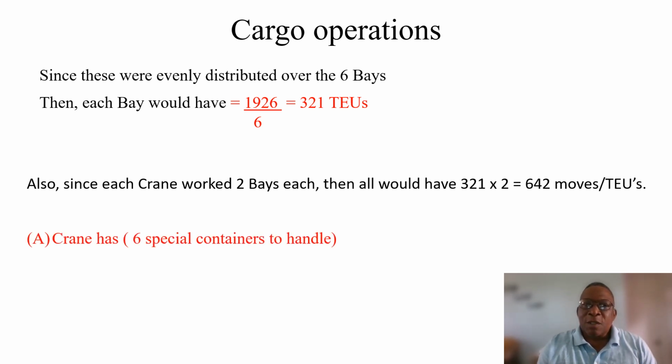Now, since the special containers are going to take some time to handle, and they cannot be handled at the actual crane productivity, it's going to take a longer time. We must first subtract them from the total moves of each crane, and then the remaining containers can be discharged using the crane.